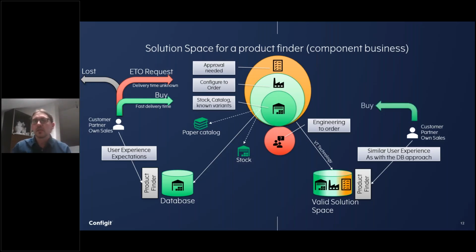And now when a user decides for a certain configuration, he could end up in a stock keeping item and directly order it. It could be a CTO one where you might need only to create a variant number for it, and then all the rest can be derived and executed in manufacturing. There might be the technical check, which would be a kind of fast lane for engineering to order.